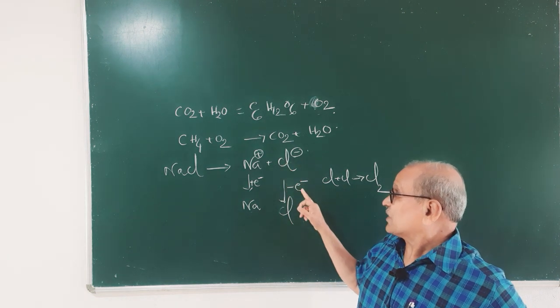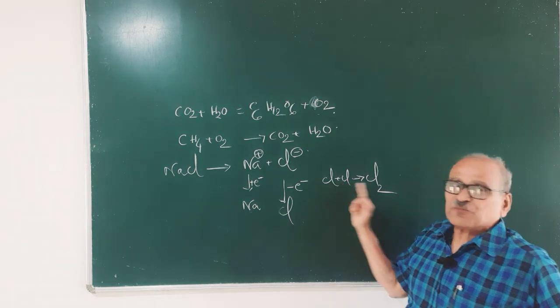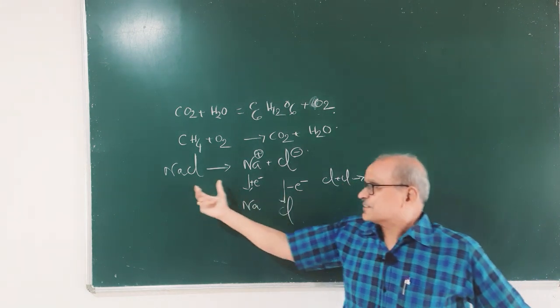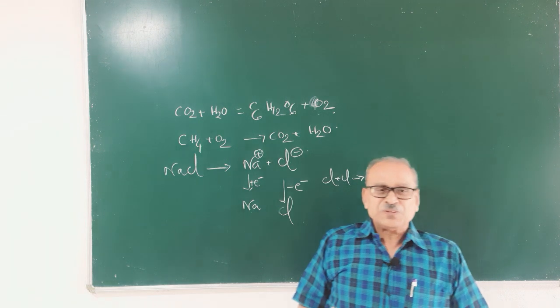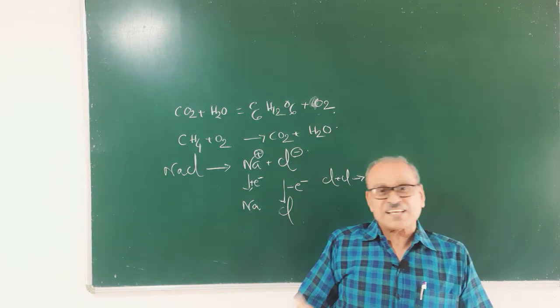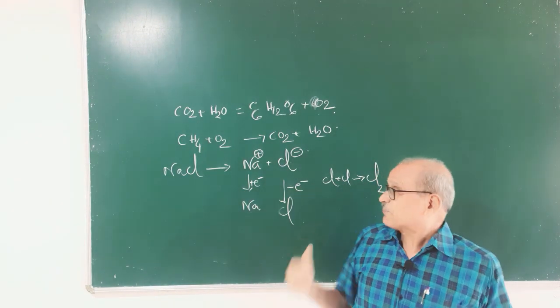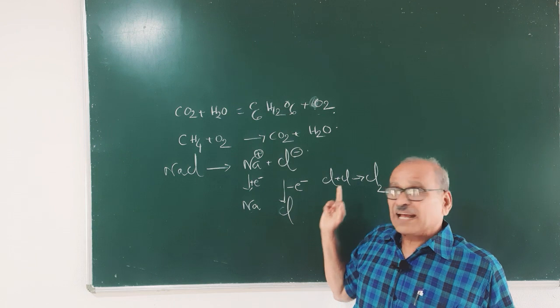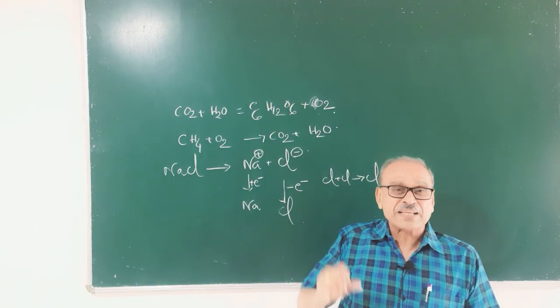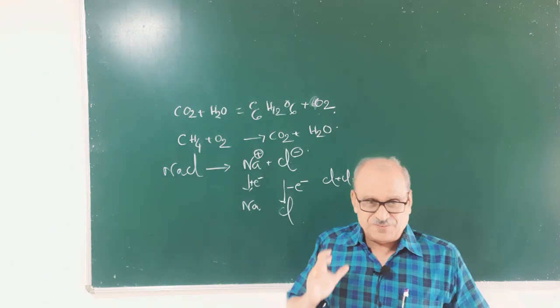Cl- minus electron is equal to chlorine atom. 2 chlorine atoms combine to form a chlorine molecule. This process we can do using electrical energy inside an electrolytic cell. The process is called electrolysis. We can obtain sodium at an electrode called cathode and chlorine at an electrode called anode.